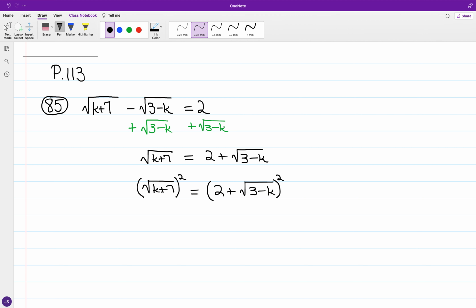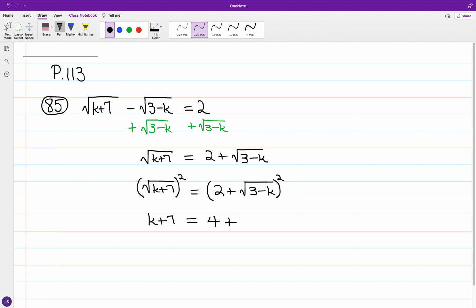For the square root of k plus 7 squared, this will become k plus 7. And to the right, we have the square of this expression, so 2 plus the square root of 3 minus k times itself. If you envision foiling it out, 2 times 2 is 4.